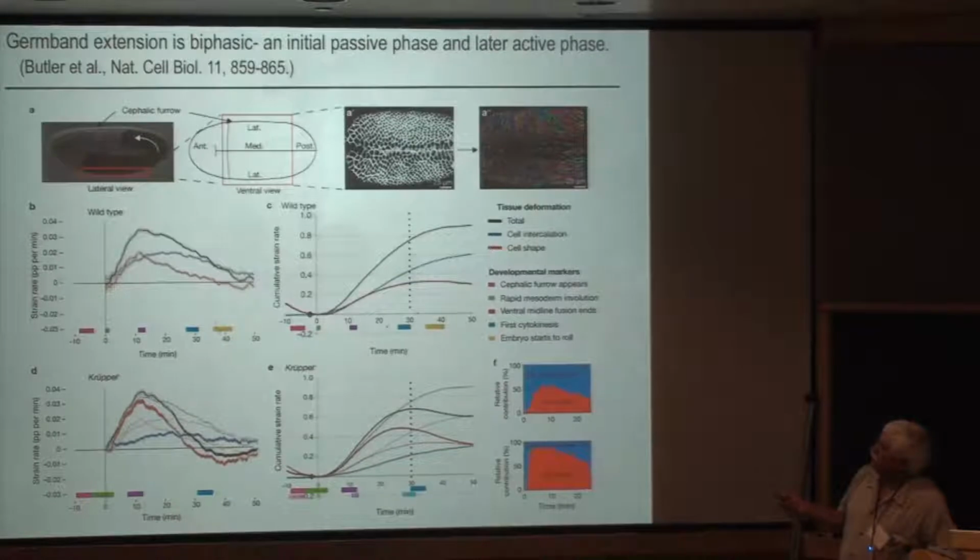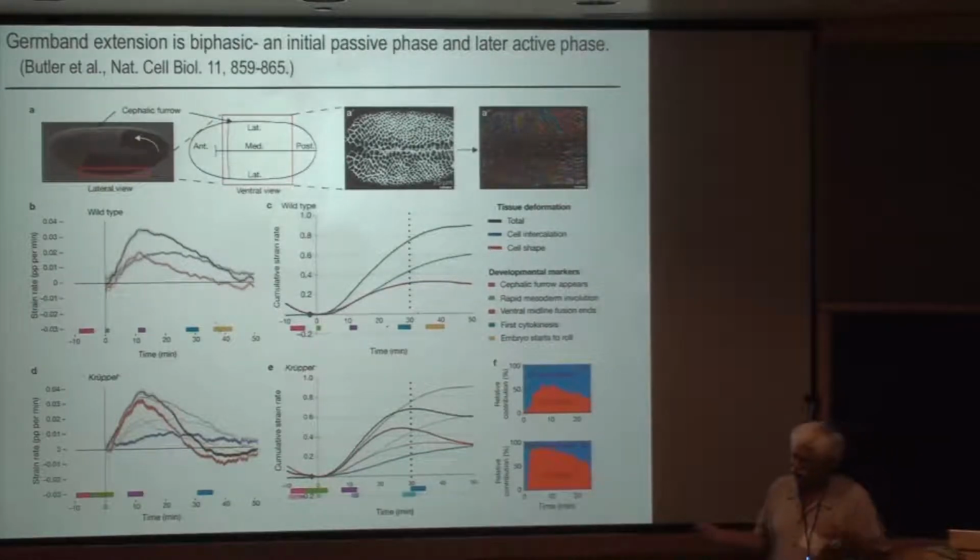The one thing I will say here is that in germ band elongation, which we'll talk about in just a minute, after that invagination of the mesoderm on the ventral side of the fly embryo, the mesoderm's gone inside, and then the whole germ band, everything on the outside, elongates, and it pushes all the way around up here like this.